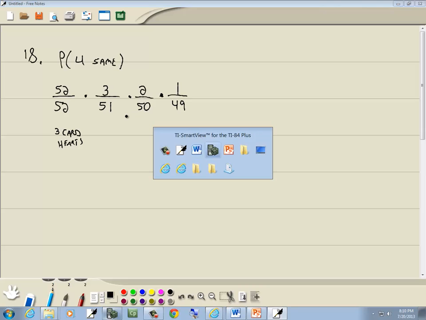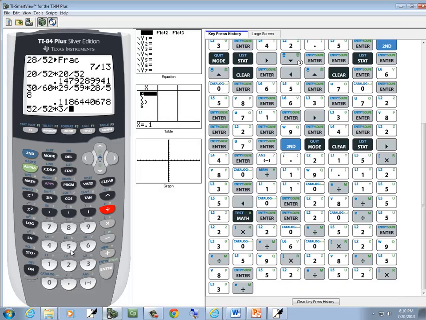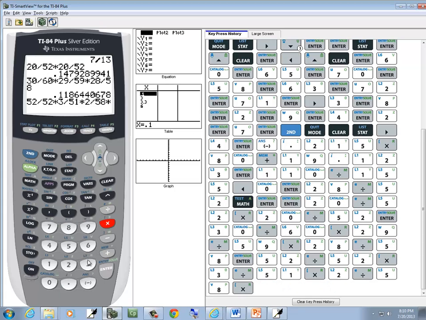So this would give us 52 over 52. I really don't need to put in, but just to be complete, 52 divided by 52 times 3 divided by 51 times 2 divided by 58 times 1 divided by 57.